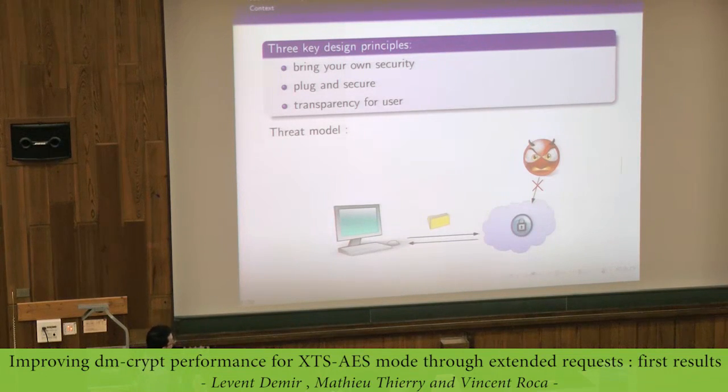So the threat model: generally, when we have server-based encryption, the cloud provider has to guarantee that third parties are not able to have access to data. However, files are sent in clear; the channel could be encrypted, but files are not encrypted, and we are trusting the provider for the file encryption or protection.